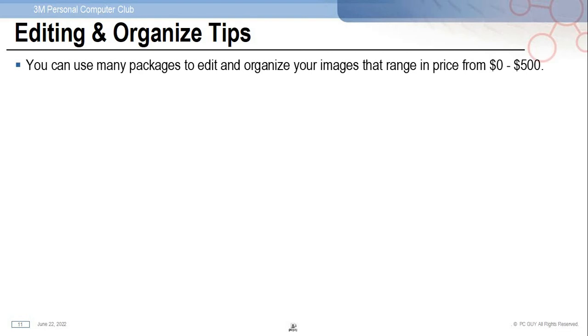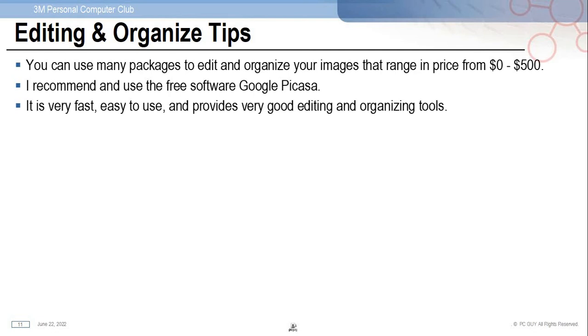So these are some tips on editing and organizing. You can use many packages to edit and organize your images. They range in price from free to $500. I use the free software, Google Picasa.